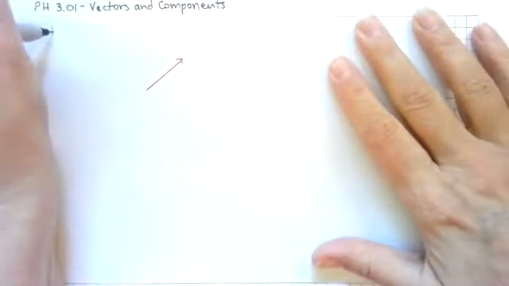So we know that vectors are anything that have a value. A vector is defined as having a magnitude and a direction.